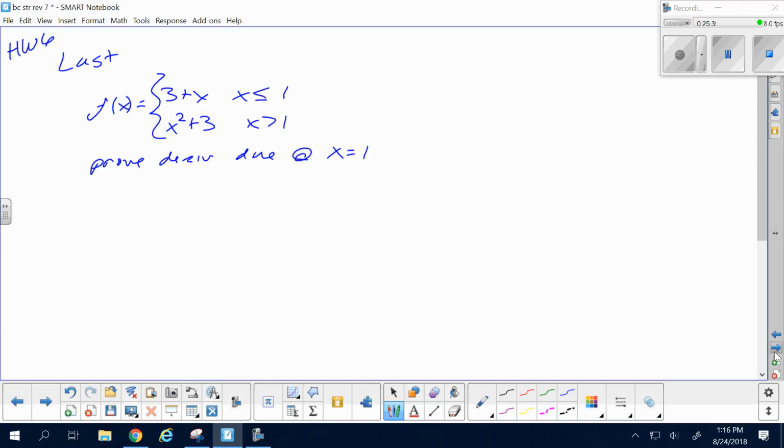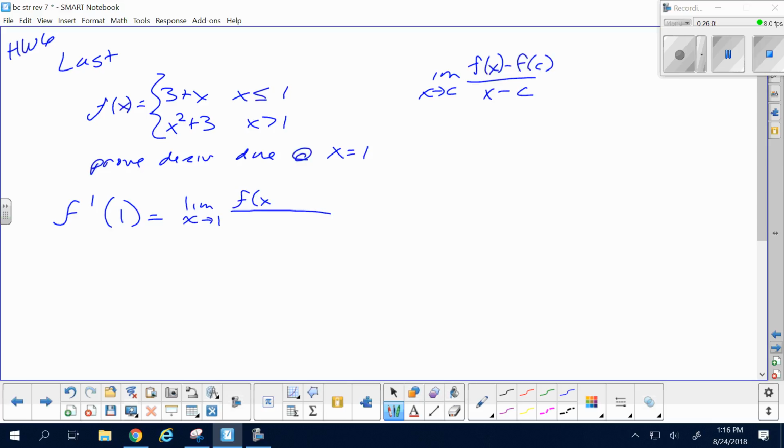Now, the alternate definition says that the derivative at 1 can be found by taking a limit as x approaches 1 of f of x minus f at 1 over x minus 1, right?